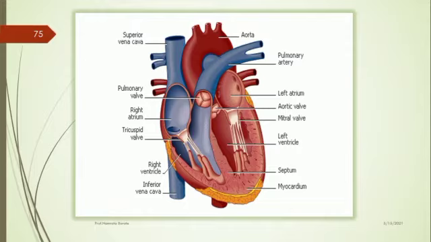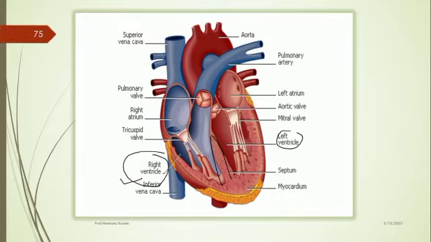The upper one is the receiving chamber. The ventricle is the distributing chamber, that is, it distributes the blood. This ventricle also shows the presence of a septum known as the interventricular septum. The result is the formation of the right ventricle and the left ventricle.